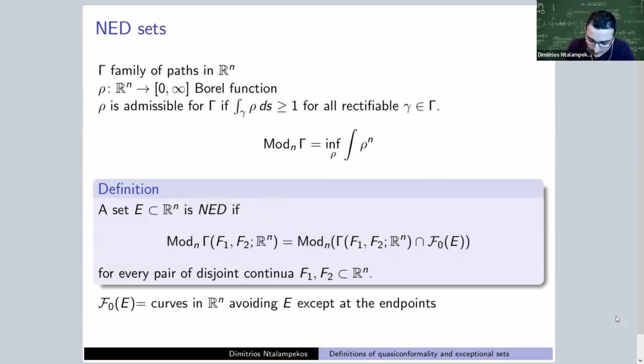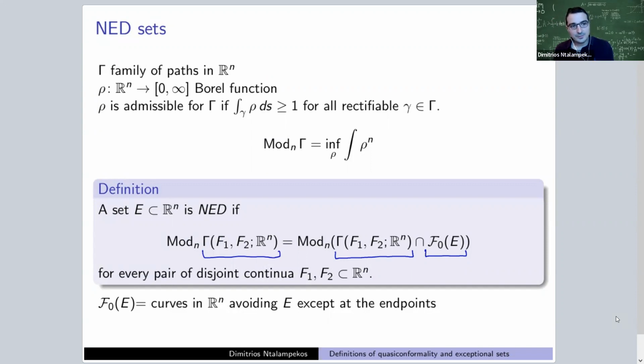We can simply say that the modulus of the family of curves joining the continua is the same as the modulus of the family of curves joining the continua intersect F0 of E. As I mentioned before, the NED sets were studied by Ahlfors and Beurling, and they identified their precise role in complex analysis. But let me not say much more about these sets.